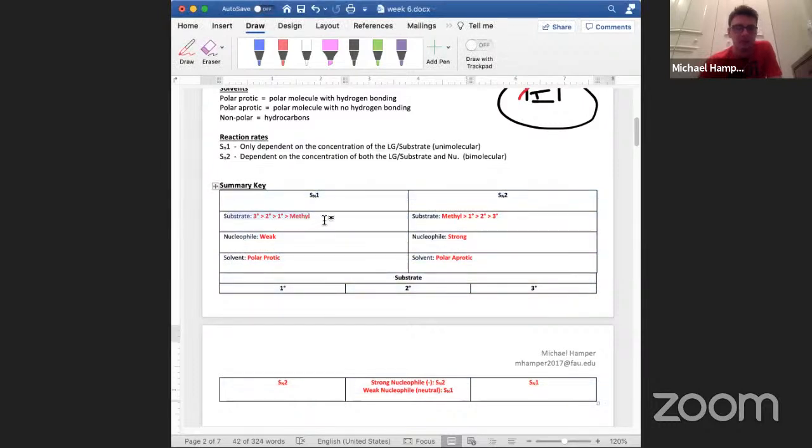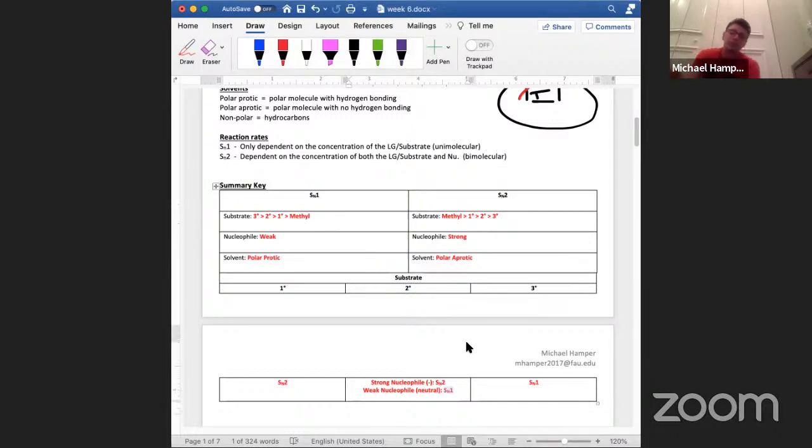So if you have a tertiary substrate, it's going to be an SN1 reaction. If you have a primary substrate, it's going to be an SN2 reaction. If you fall in the middle on secondary, then you look at the strength of the nucleophile. If it's strong, then it's SN2. If it's weak, then it's SN1.